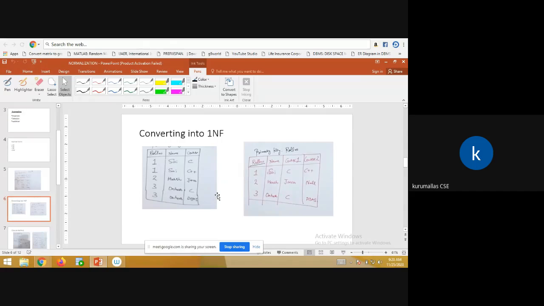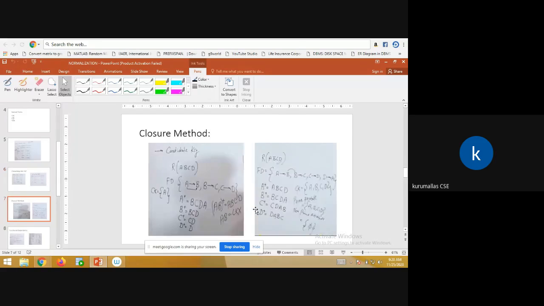To convert a table that is not in first normal form into 1NF, we have to split the values into individual rows, or add an extra column to the table by using a primary key, or maintain the primary key and foreign key principle. By using that principle, we can decompose the data into 1NF format. So that is 1NF.